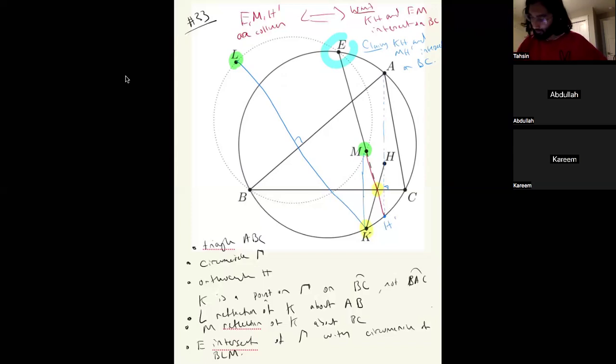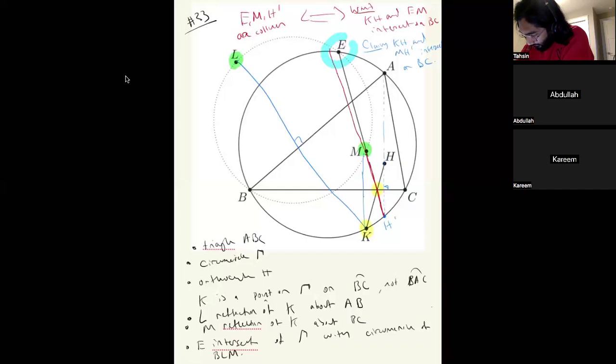So I think a better way of phrasing all of this is, instead, we want to show that E, M, and H prime are collinear. So let's take M, H prime, because we already have these points.